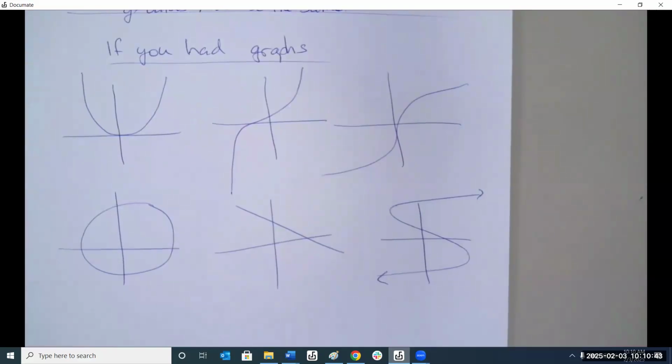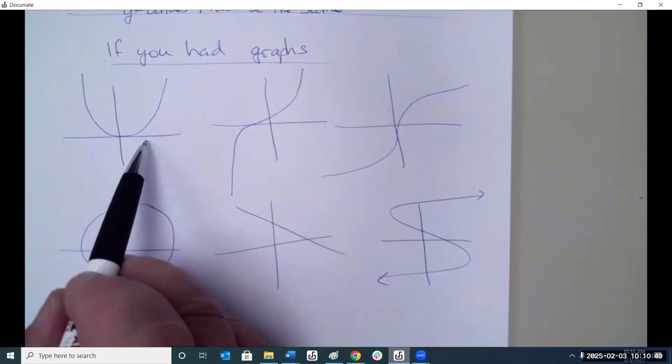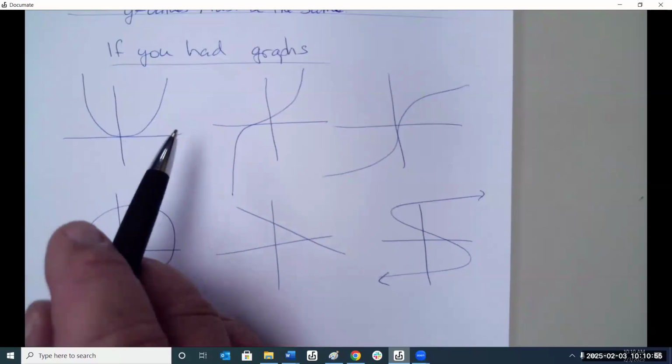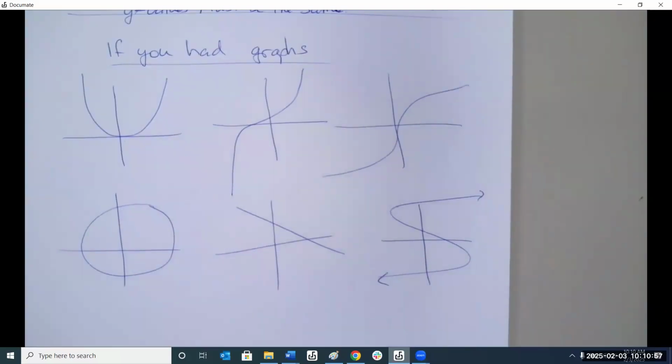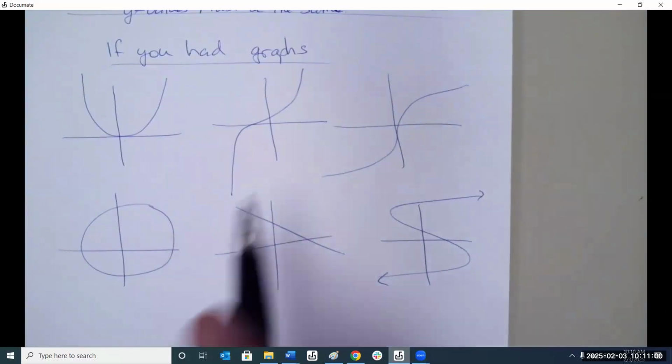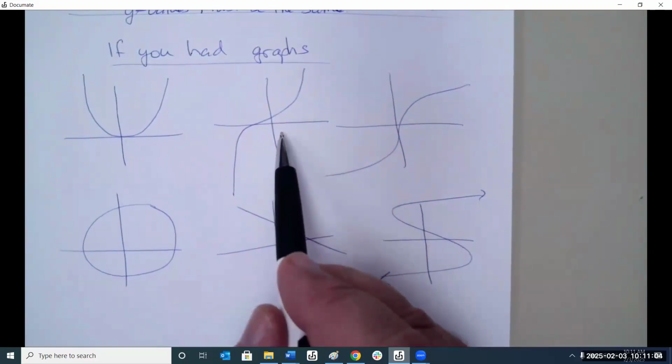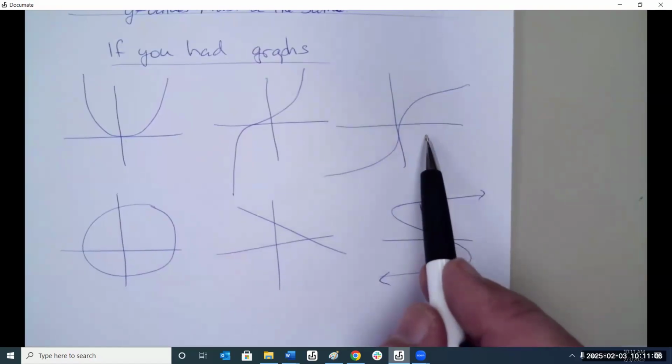These are all functions we're going to look at. We're going to talk about these a lot in the next couple of days. Is this a function? No. Is this one a function? I want to say, firstly, which ones do you think are for sure? Is this a function? Is this one a function?